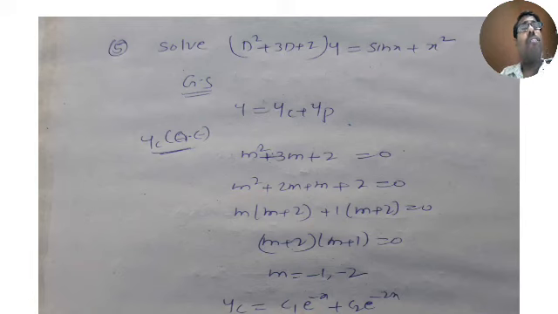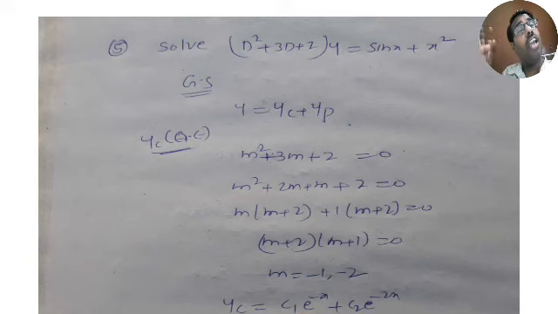d square plus 3d plus 2 of y is equal to sin x plus x square. So for sin x you have to apply the second method in finding particular integral, particular solution, that is yp. In yp, for sin x you have to apply the second method.